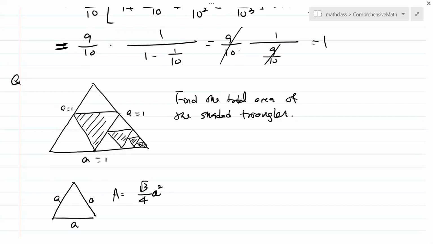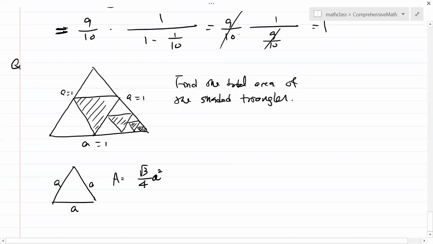So we have to label them. This will be A1, that will be A2, A3. What is the edge length of A1? I think it's just divided by 2. Do you agree? Because in this equilateral triangle, one side divided by 2 gives the middle point.